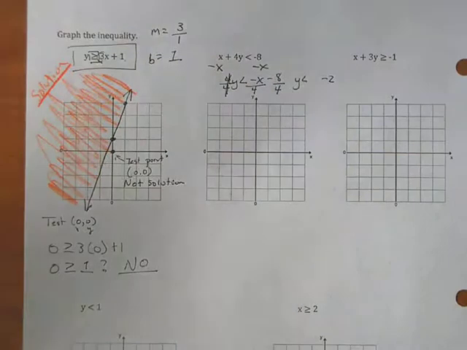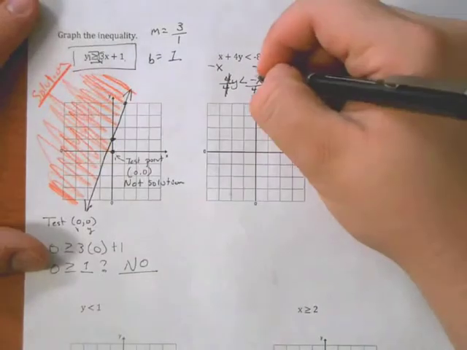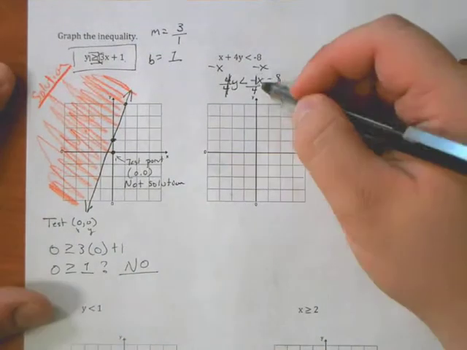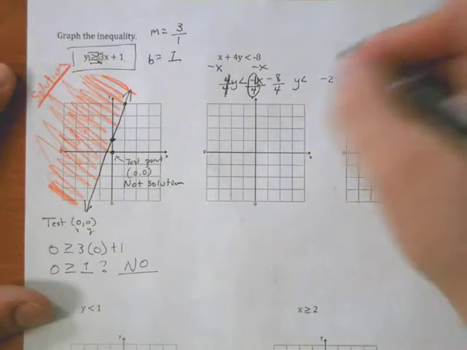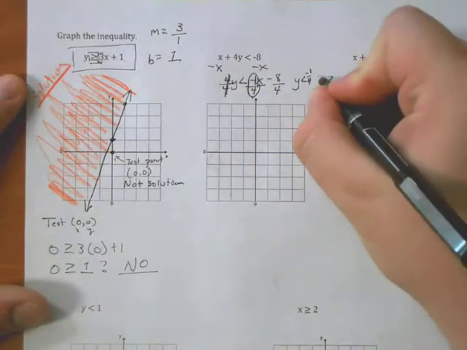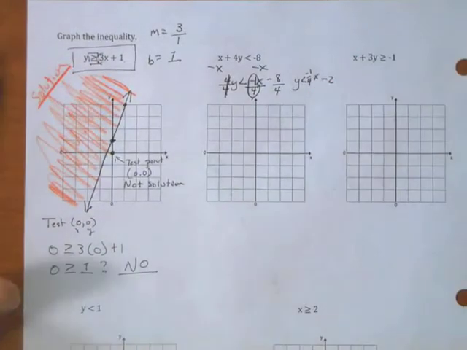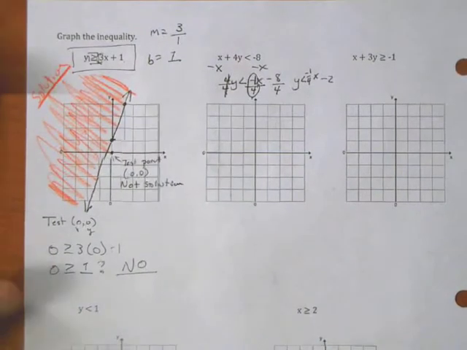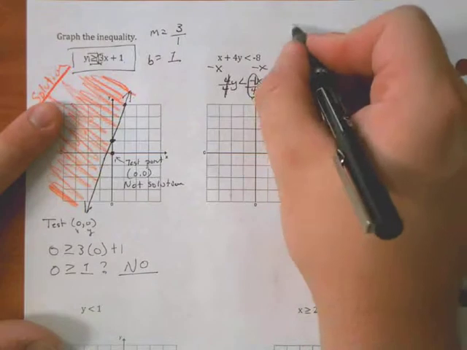But we could put this missing 1 in front of the x. So what fraction did we just form? Negative 1 over 4 times x. Okay, so then what's the slope of this line?